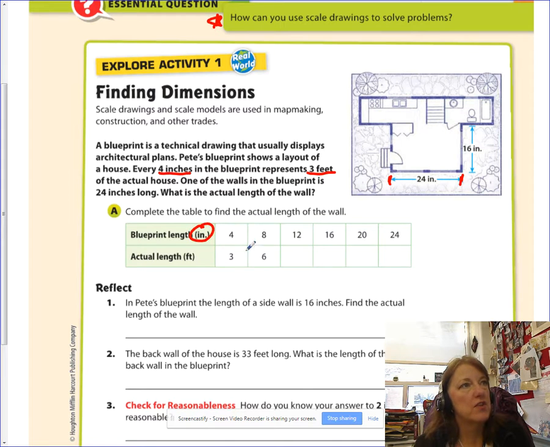Every 4 inches represents 3 feet. So if I have 4, that's 3. If I add another 4 inches to 8, you get 6. Going up again by 12 and 16 and 20 and 24, go ahead and write in the values to complete that table. You can pause the video for a second to get that written down, okay?